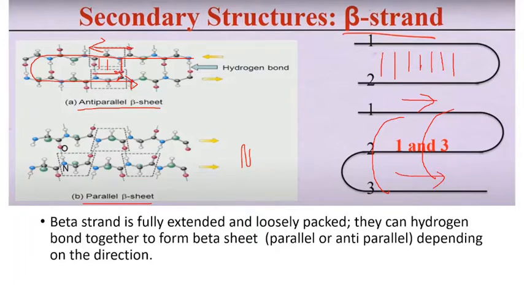So this is a parallel beta sheet structure. Thus a beta strand is fully extended and loosely packed. Remember, the alpha helix is tightly packed, but the beta strand or beta sheet structure is loosely packed, and strands can hydrogen bond together to form a beta sheet.